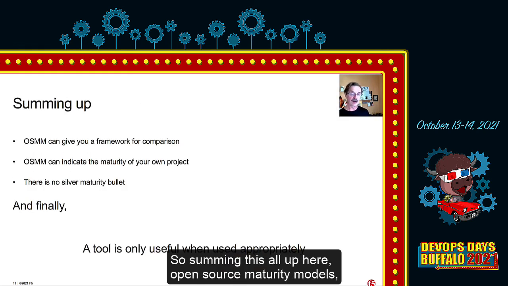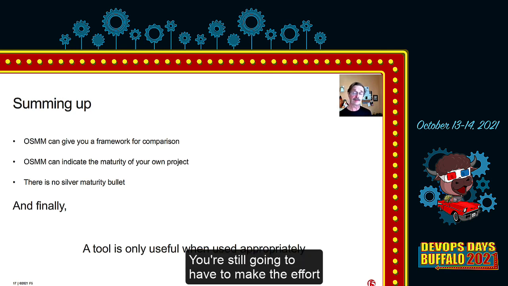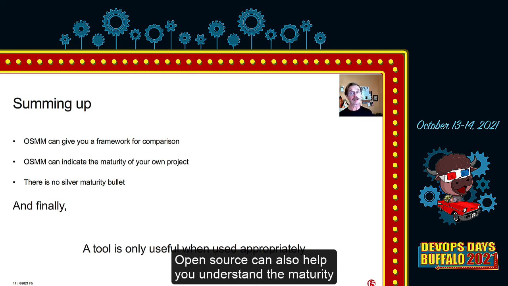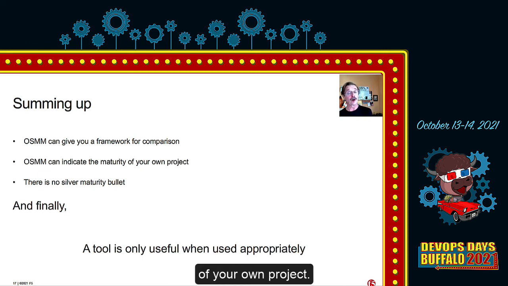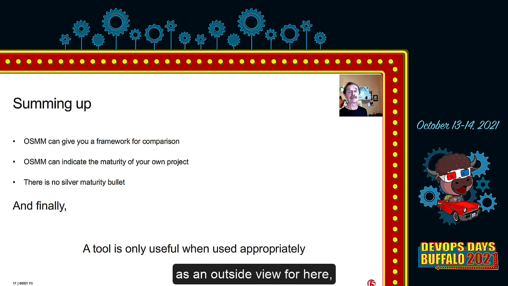So summing this all up here, open source maturity models give you a framework for comparison. It doesn't do the work for you. You're still going to have to make the effort to find the materials and find the things that are important for you. Open source maturity models can also help you understand the maturity of your own project. And in fact, I would love it if a project would give me an idea of their maturity as an outside view.